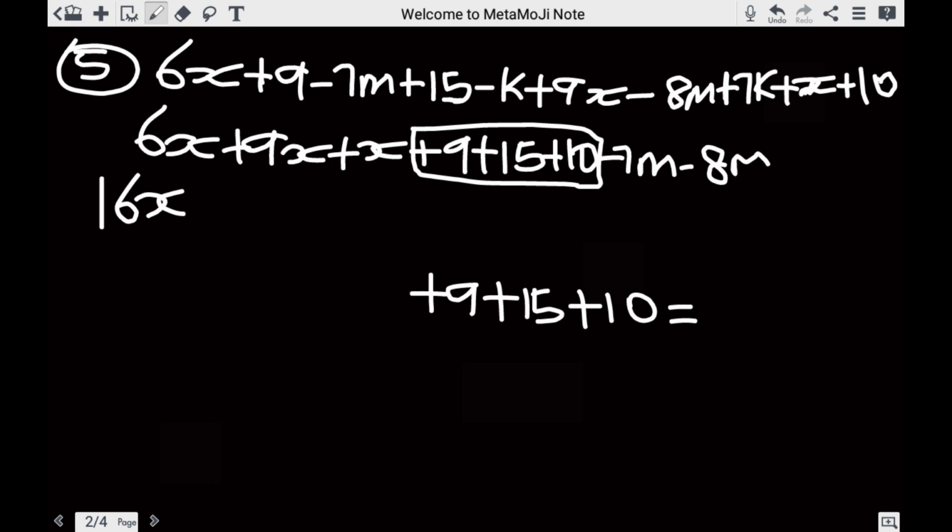You can also see that the signs are the same, so you can choose one among the signs, then add 9 plus 15 plus 10 together. 9 plus 15 is 24, and 24 plus 10 is 34. So you should get 34 for the whole numbers. So plus 34, put it here.